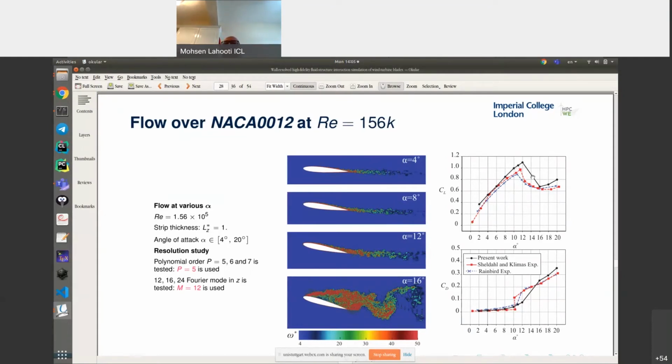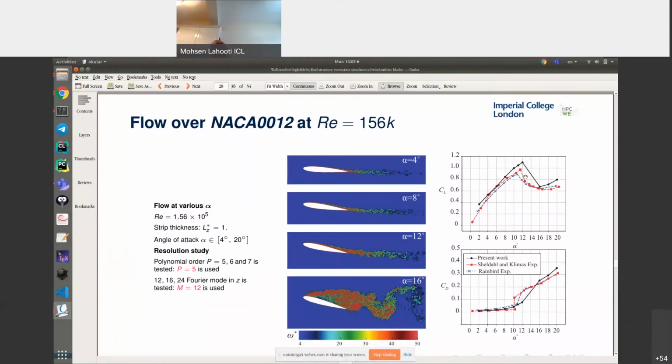A comparison of the lift coefficient and the drag coefficient with two experimental results is presented in the far left figures. The black one is the one that we computed. We have good agreement with the experiment, except in the region around maximum stall, and that's most probably because of the level of turbulence.